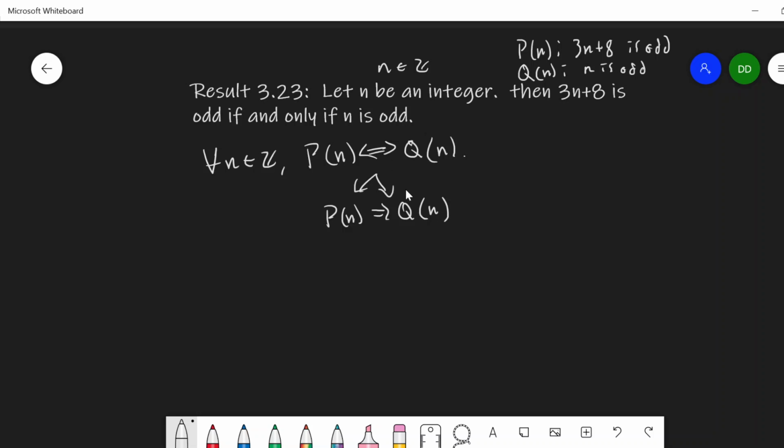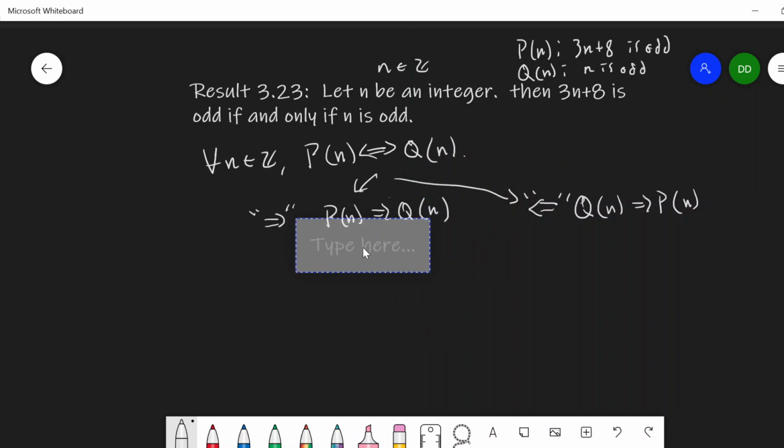and we have to show that. To indicate that I'm showing the forward direction, I'll draw in quotation marks a forward implication arrow like this. And to show the backwards direction, I'll indicate a backwards arrow like this. And here would be showing Q of n implies P of n. So we have to prove both of these statements.